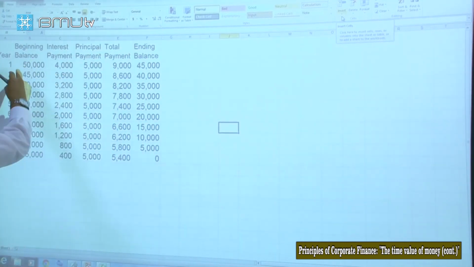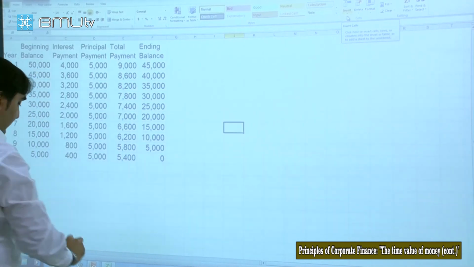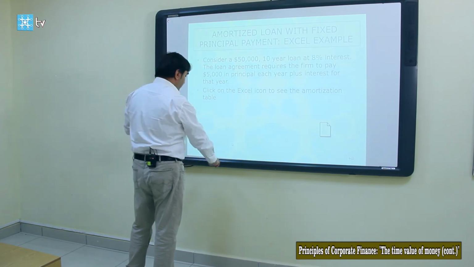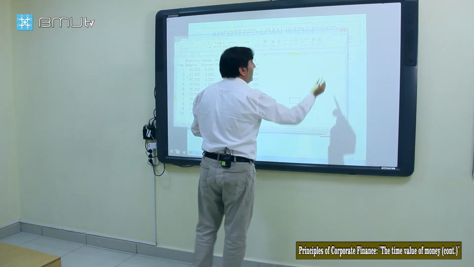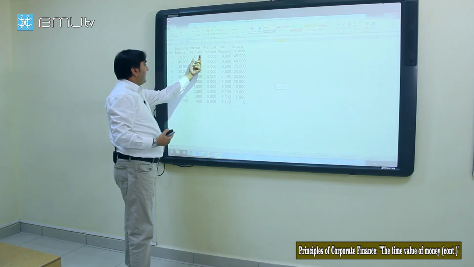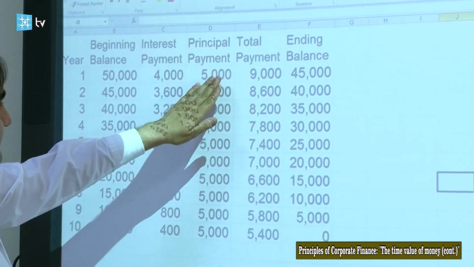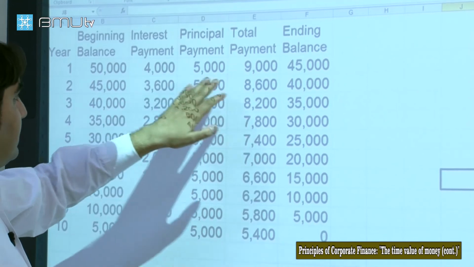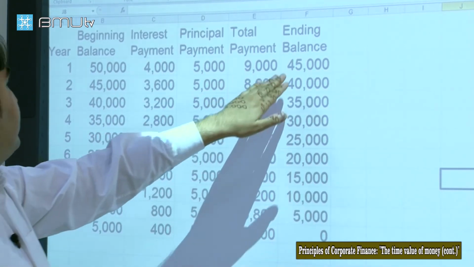So beginning balance for year 1 is 50,000, and the rate is 8%. 8% of 50,000 is 4,000. We pay a fixed amount of 5,000, so in total we pay 9,000. Our ending balance is 45,000.